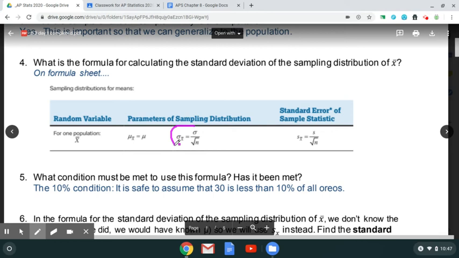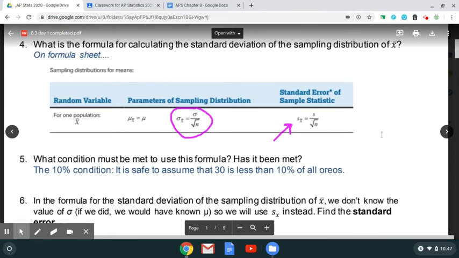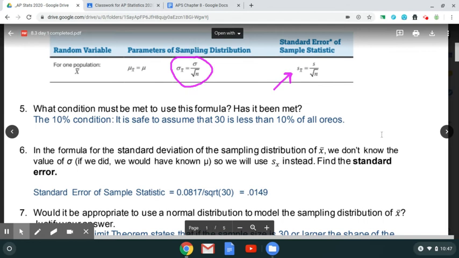And just like with proportions, we will not know our true standard deviation. If we knew our true standard deviation, we wouldn't need to write a confidence interval. We would have all the information we need. So we will be using our standard error, same way we did with proportions. All right, so the condition, again, is still the 10% condition. It must be met, so we can use this formula.